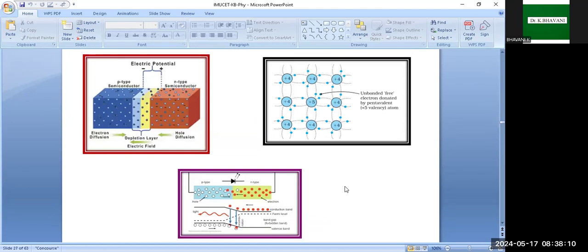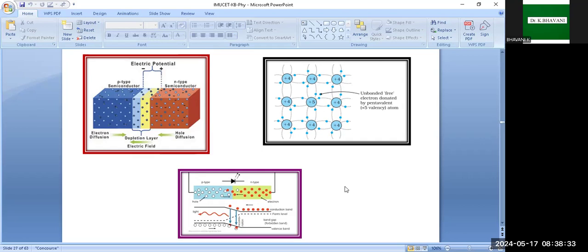Now, I think you are able to see this slide. It shows the semiconductor doping. Here, this blue color shows the p-type semiconductor and this brown color shows the n-type semiconductor. Between them is called the depletion region or depletion layer.